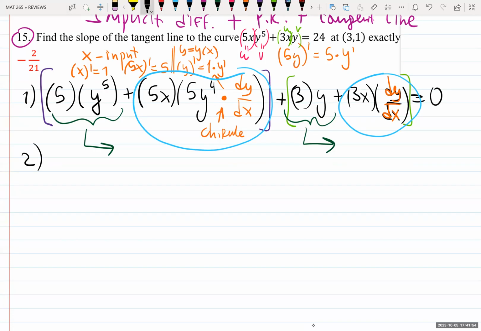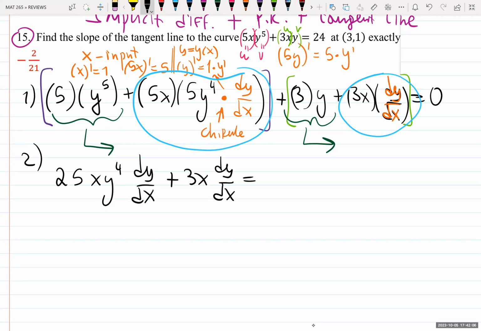In this case, it's already on the left, and I can already start simplifying. 5 times 5 is 25. Next, y to the 4, dy dx, plus 3x, dy dx equals. And now the other things are garbage, just move them to the right. We don't need them until the very last step. Minus 5y to the 5 minus 3y.